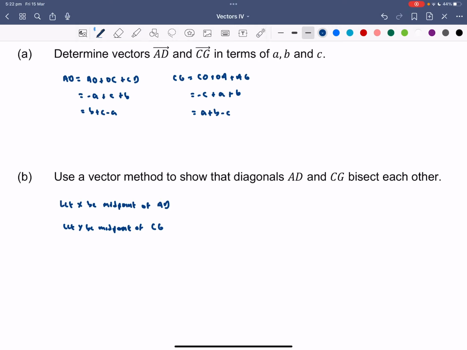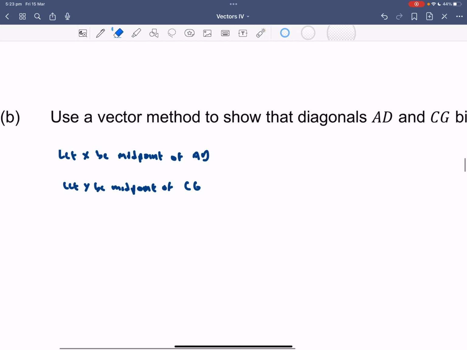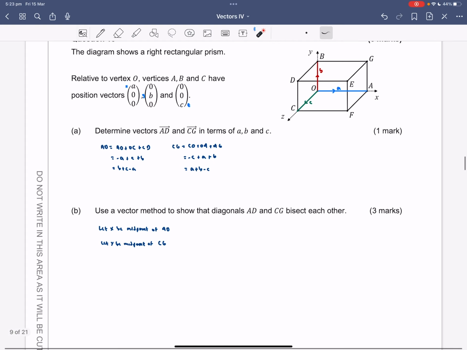When I say let's find the midpoint, I mean let's find the position vectors of the midpoint. Position vector means with respect to the origin. So I'm going to find out where OX is first. I hope you realize what I'm trying to prove: that X and Y have the exact same position vectors. If X and Y have the same position vectors, it means the midpoint of AD and the midpoint of CG are the same point.